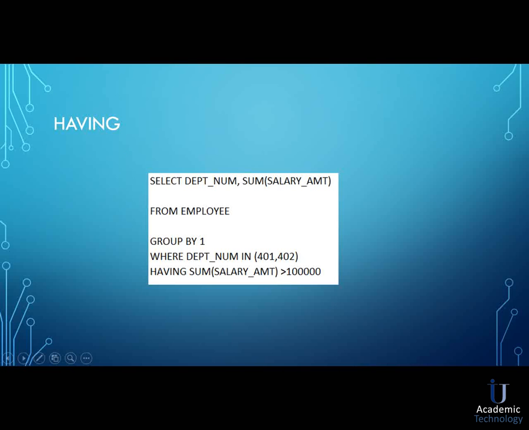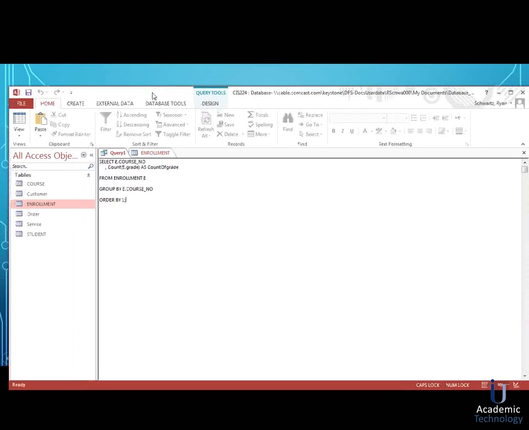So how does this work in Access? We'll stay with our script since we have most of it typed out. Again, after the group by, we're not going to put a where clause in, so we can see that we don't need that. If we do having count E grade, you have to say the type of aggregation that you're doing.